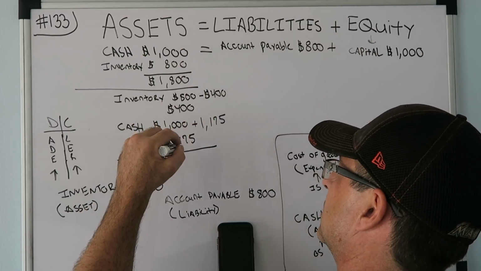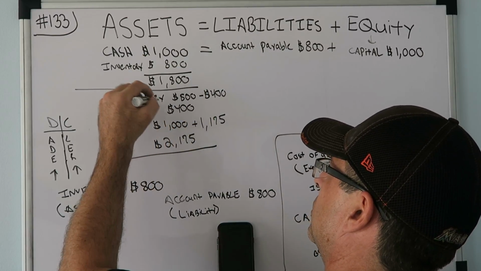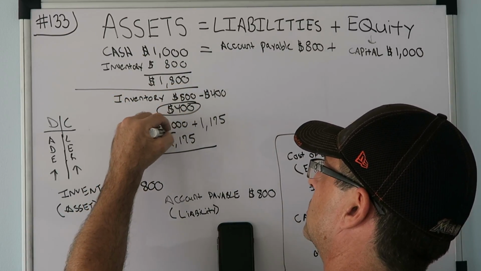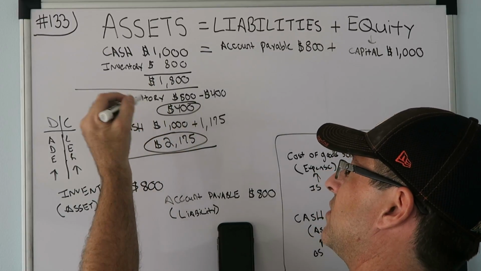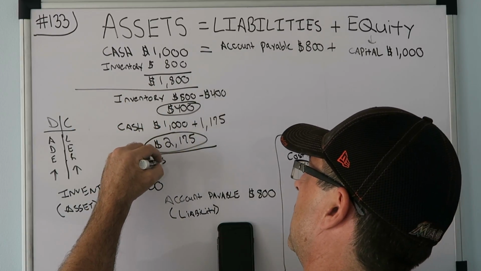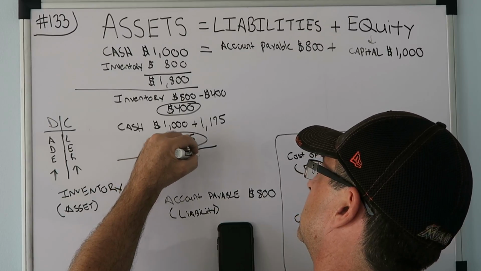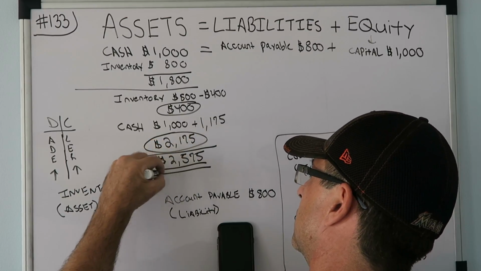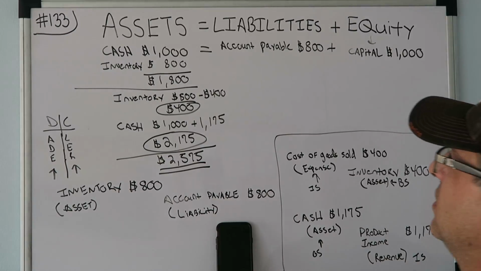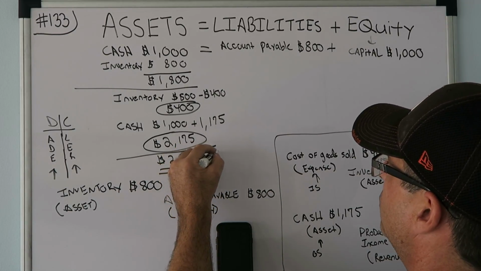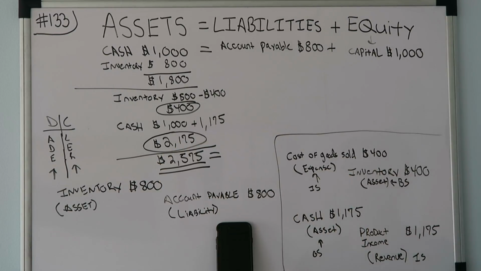So our assets are going to equal the 400 inventory plus the $2,175 of cash, ending with $2,575 of assets. Now that's going to have to equal our liabilities plus equity.